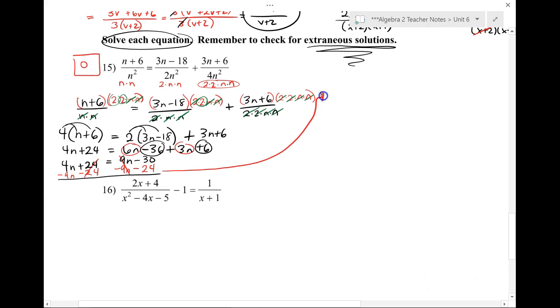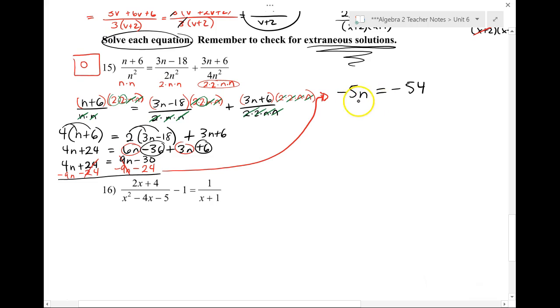So now I will have, let's see, 4n minus 9n is going to be negative 5n equals negative 30 minus 24 is negative 54.